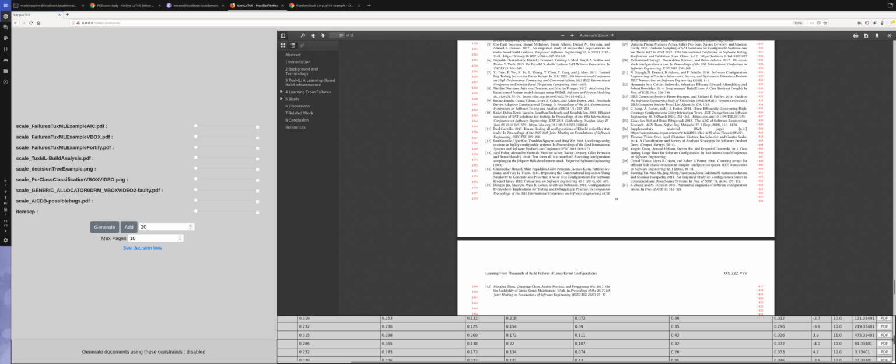Okay, so back to the example, we generate 20 documents, 20 variants, and this time the number of maximum pages is really 10. And so the decision tree is really interesting to look at, because it states that the options scale failure to XML example 45 should be set carefully, right? Depending on the value here, you can have a valid document or not.